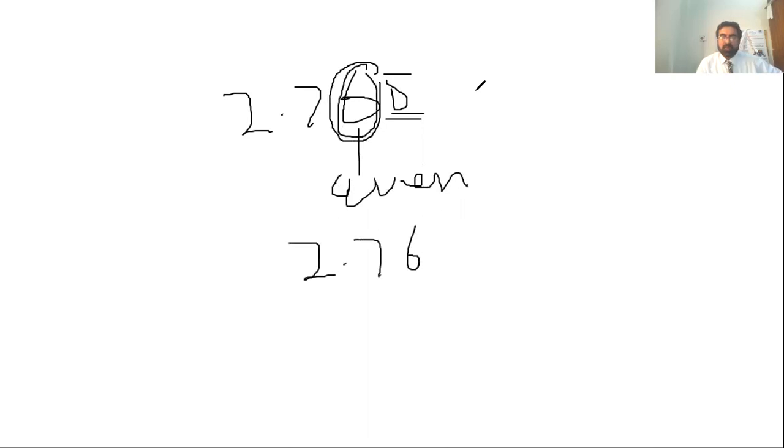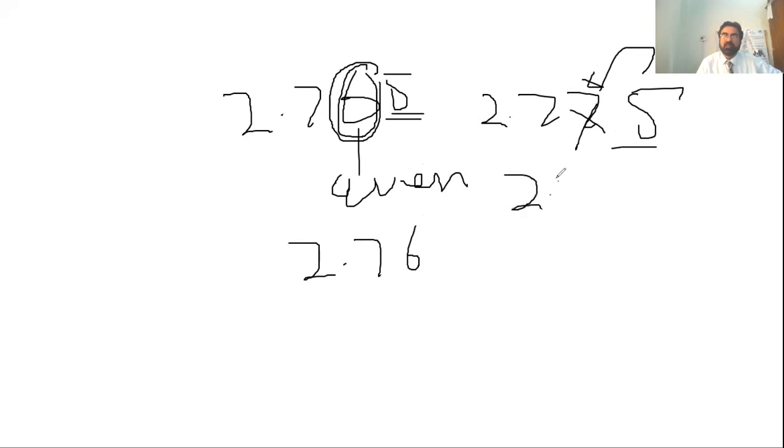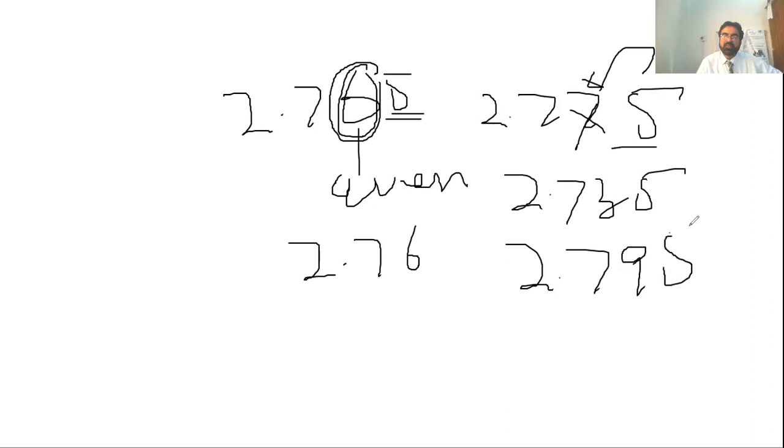Now, if it is like 2.775 and you want to remove this 5, look into this digit. If it is an odd number like 2.735 or 2.795, then what you have to do is remove this 5 by increasing this digit by 1.